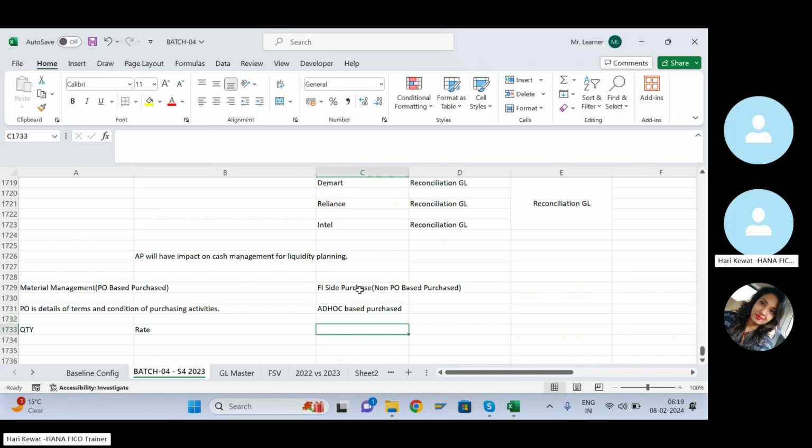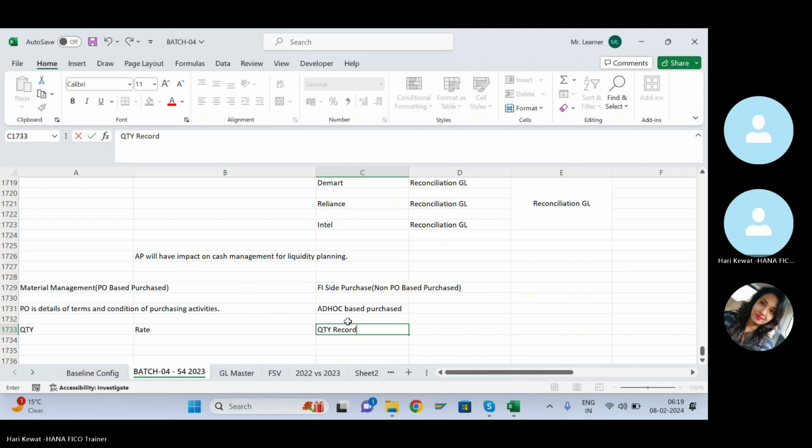And if you are purchasing anything from the finance side, then you cannot record the quantity. Quantity recording is not possible during the accounting entry.